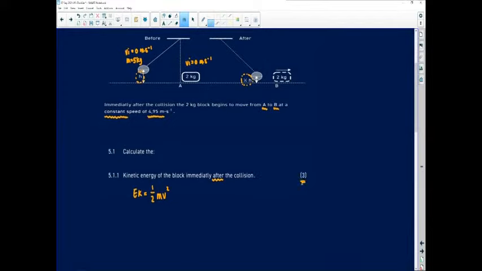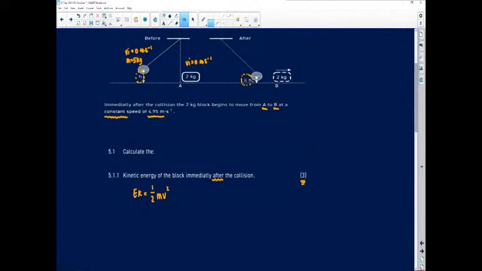Now the tricky part with this was we were not told what speed the bob is actually moving at. The only thing we are told, now I want you to think about this logically. I have a block that's not moving, and then I've got a pendulum that swings, and it hits the block with such a velocity that the block actually moves with 4.95 meters per second, right? Which actually makes sense, which means whatever velocity the bob had, it actually transferred it to this block, and then it continues to move.